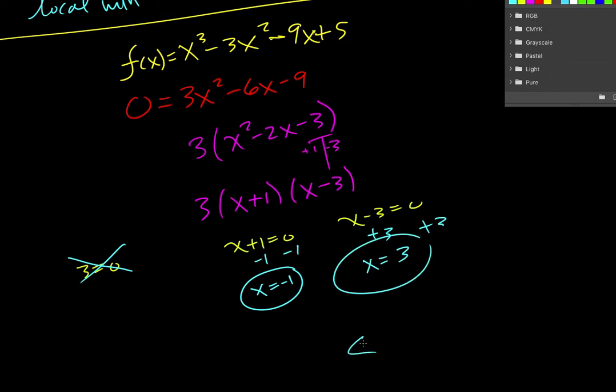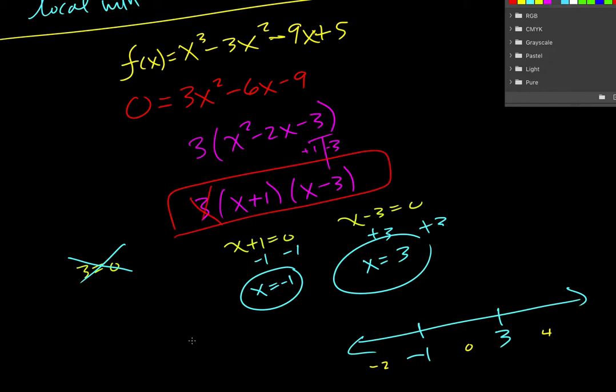All right, so we make our sign diagram. We get negative 1 and 3, and then we pick our values that fall in between those. Those ones in yellow are the ones I'm going to choose. And then we can plug them in to this thing. Now the 3 doesn't matter, so I'm getting rid of that. But if I plug in a negative 2 here, we'll get a negative number.